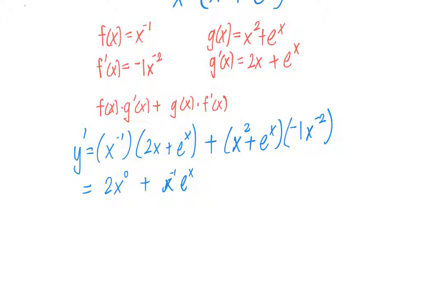So now I'm going to distribute the negative 1x to the negative 2 to the binomial in front of it. And so that would be, okay, so let's see, negative x to the negative 2 times x squared, you add those exponents, you're going to get x to the 0 power again. And then negative e to the x times x to the negative 2.